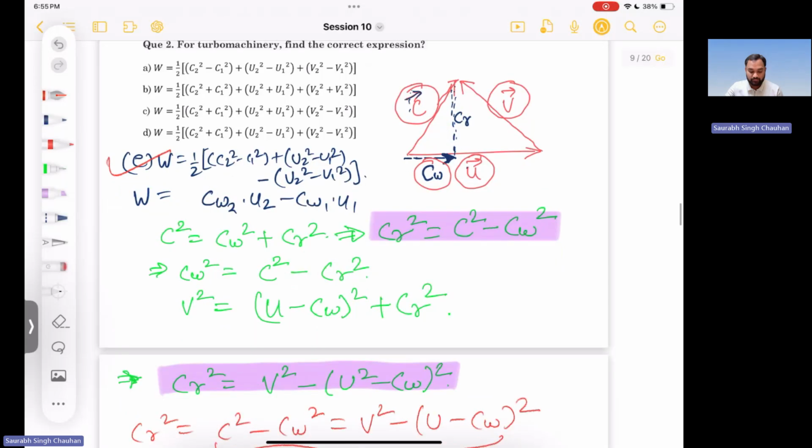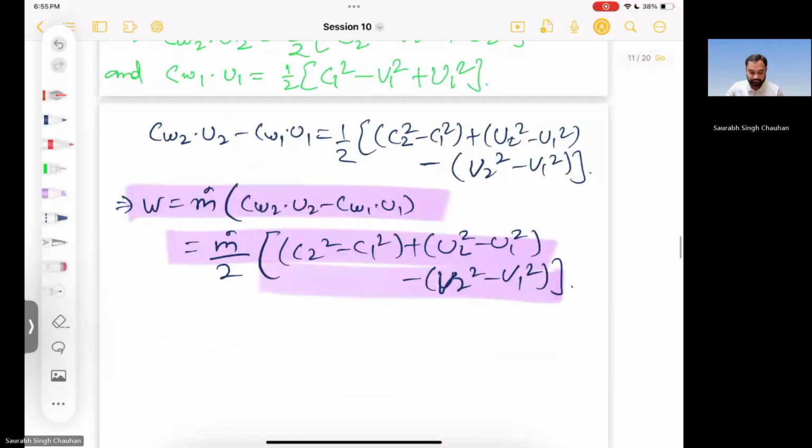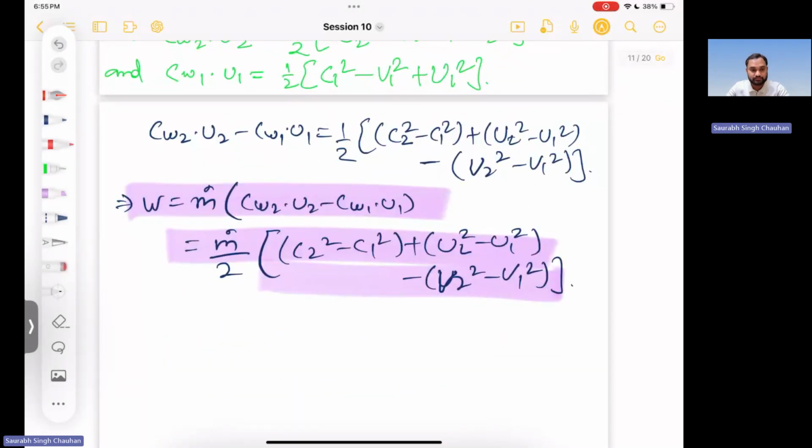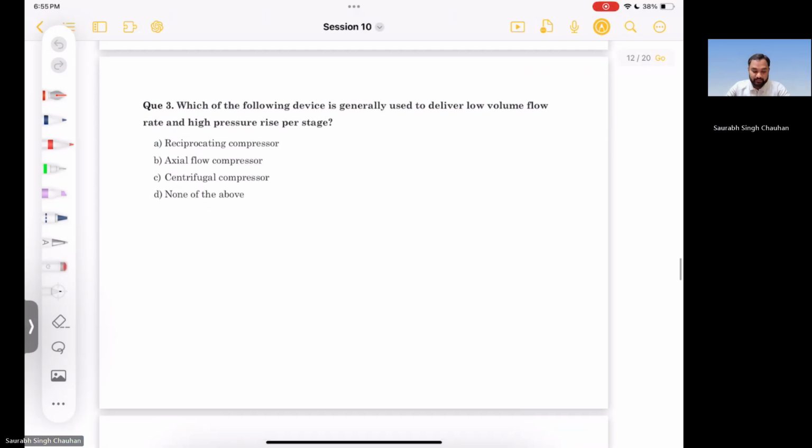So I hope all of this is clear. If there is no doubt, then we can move ahead for the next question. So next question is question number 3. Question number 3 says, which of the following device is generally used to deliver low volume flow rate and high pressure rise per stage?